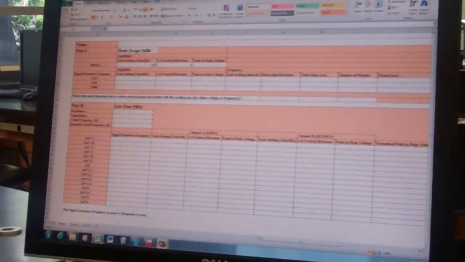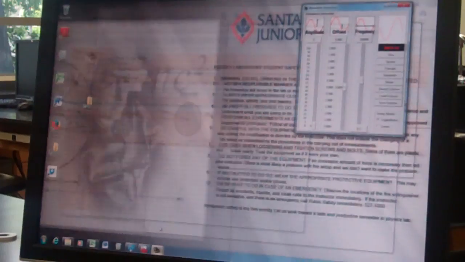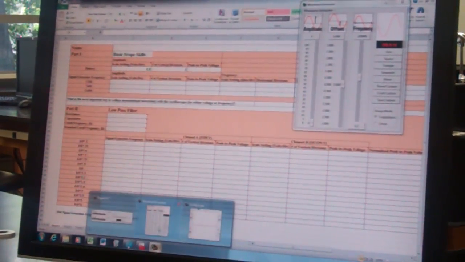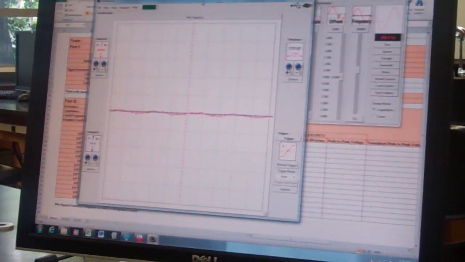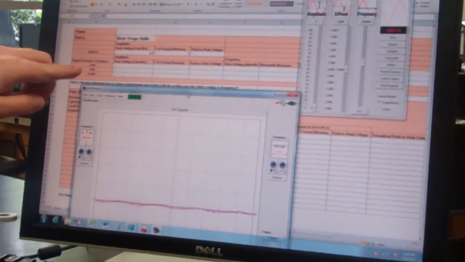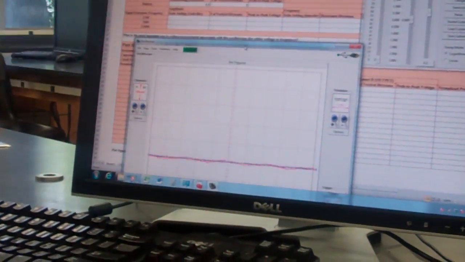All right. And what we want to do now is use both the signal generator and the oscilloscope together. So you set the signal generator frequency to 1200 hertz. How do we do that? Well, if we go to the waveform generator, we can just click on, don't do that, that's the maximum frequency.